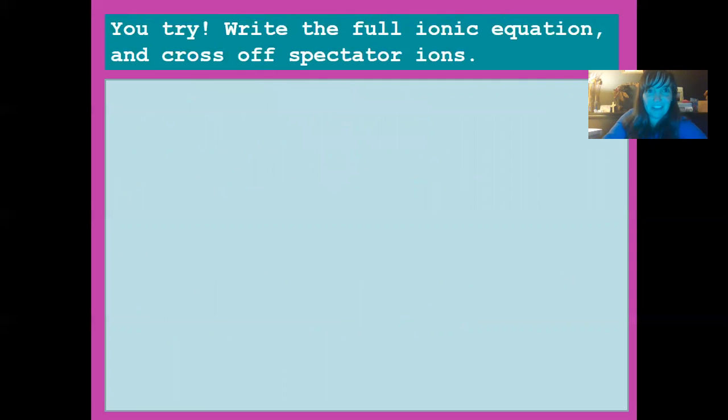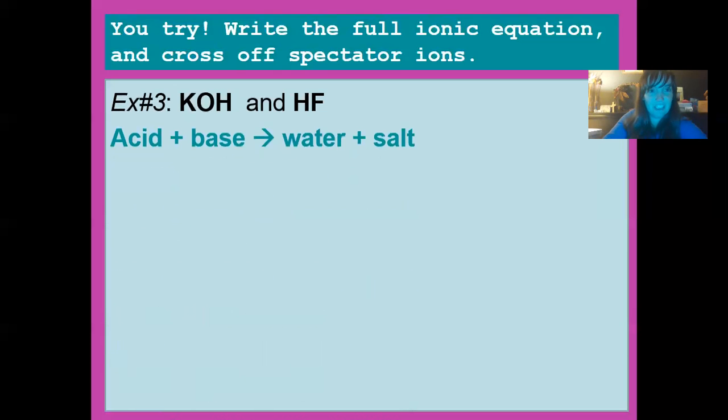All right, so let's try one more. This time we're going to write the full ionic equation, then cross off the spectator ions and see what we have left in a net ionic equation. So this one is KOH and HF. Okay, so let's write our acid, HF, but we're going to show it split apart into ions for the complete full ionic equation.